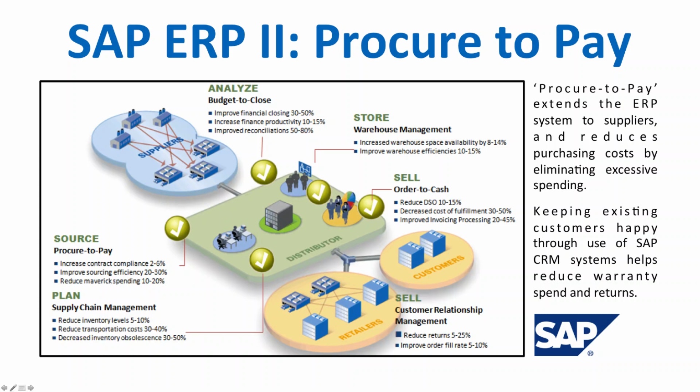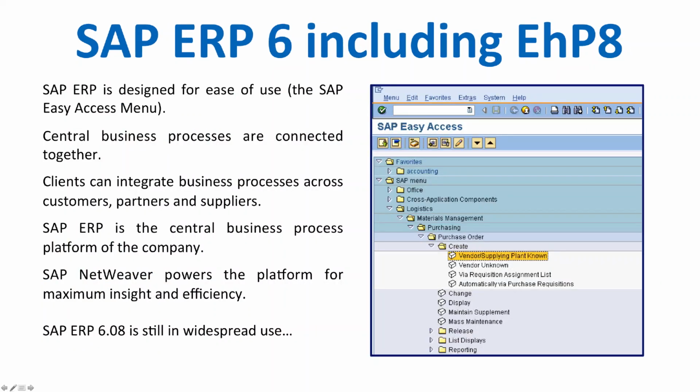The procure to pay process has a number of stages, so it links basically suppliers with retailers, with customers, with distributors, and the software does that. It's what we call ERP2, so extending the ERP outside of your company to your main suppliers, customers, retailers, etc. This is the menu, SAP Easy Access menu.